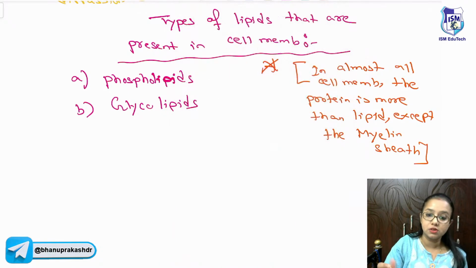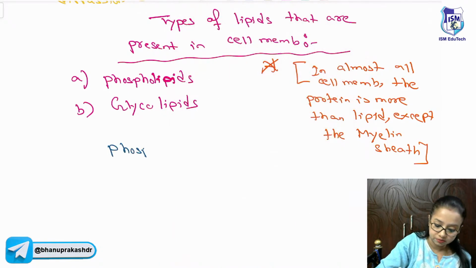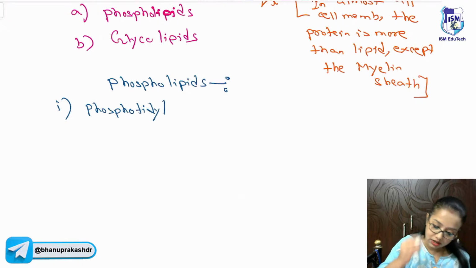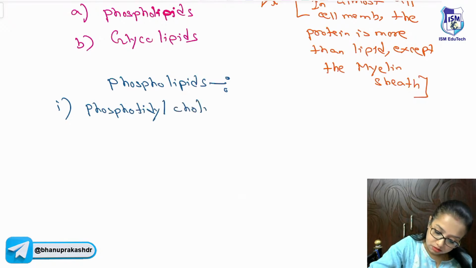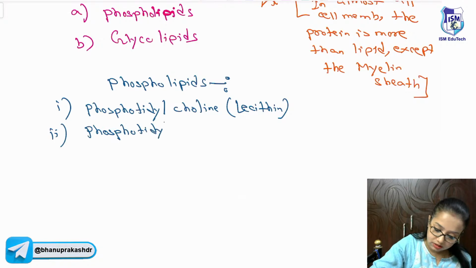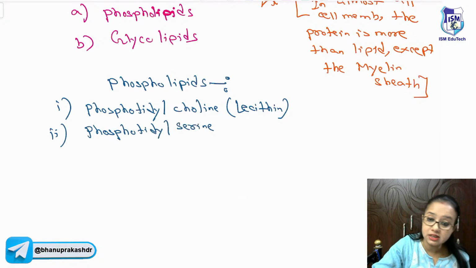Now, what are the types of phospholipids? Phospholipids are more than one. They are of the type phosphatidylcholine, which is lecithin. Then we have phosphatidylserine, which is also abbreviated as PS.